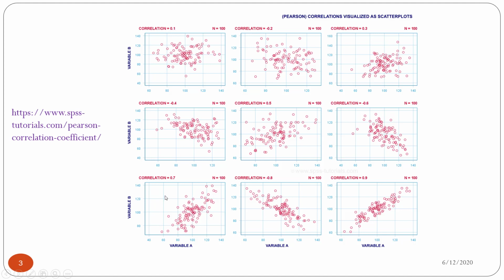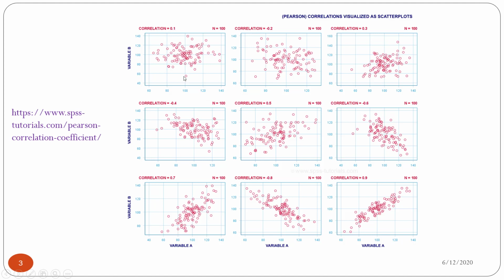So this case here where you have a correlation coefficient of 0.7, this is also a positive correlation. The value is good, because 0.7 is a good number, which is kind of showing a decent correlation in the positive direction.